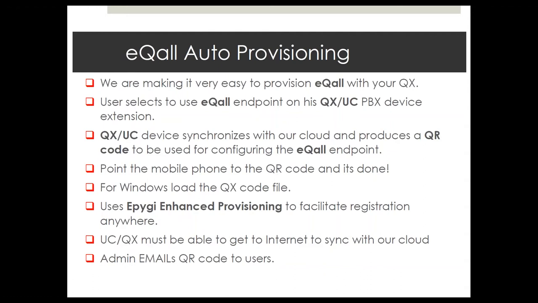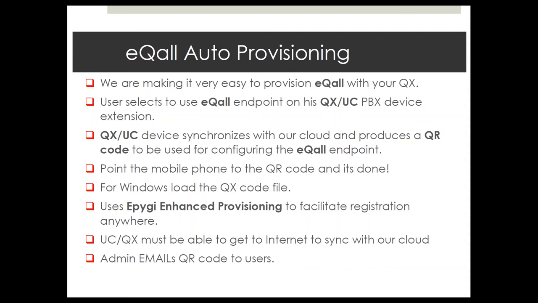All right. From an auto provisioning perspective, we're trying to make it very easy. Once you select eCall as an endpoint on your PBX for what we call the IP lines, where you typically select a normal IP phone, and then you do the normal settings that you would do with a regular desk phone, at the end it pops out a QR code shown on the screen.